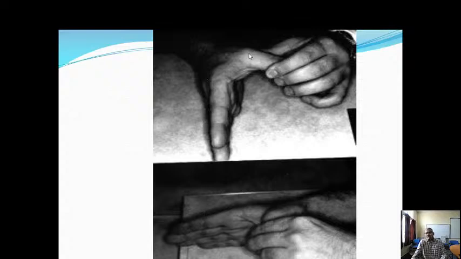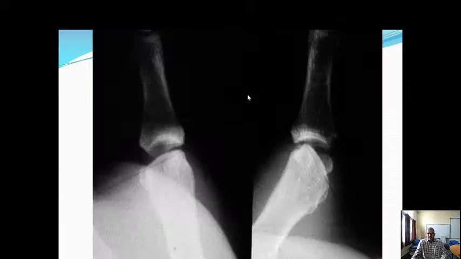We are giving a valgus stress here on the metacarpophalangeal joint, and on the X-ray we are able to see that there is an opening on the ulnar aspect of the metacarpophalangeal joint, suggesting ulnar collateral ligament injury.